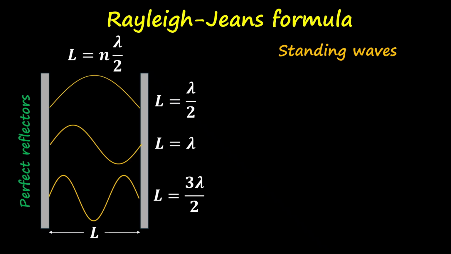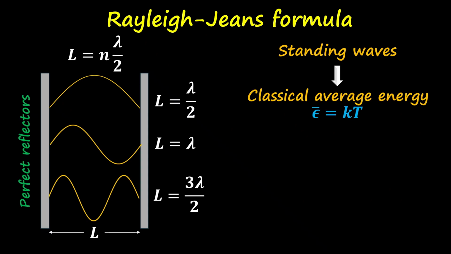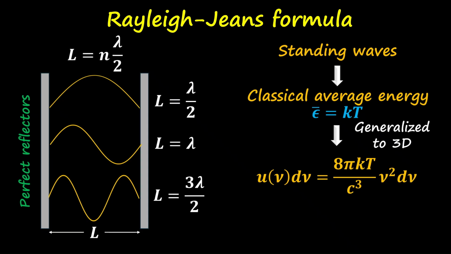And these standing waves were modeled as oscillators. Now, using the equipartition theorem, the average energy per mode was calculated and extended to 3 dimensions, giving the Rayleigh-Jeans formula. Now, this was a proper physics-based derivation, but the problem was that at high frequency, it predicted infinite energy, which is also known as the ultraviolet catastrophe.